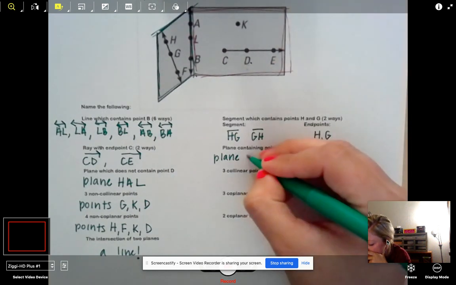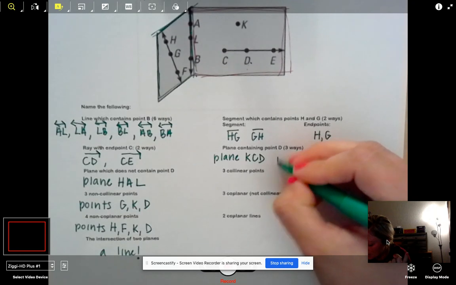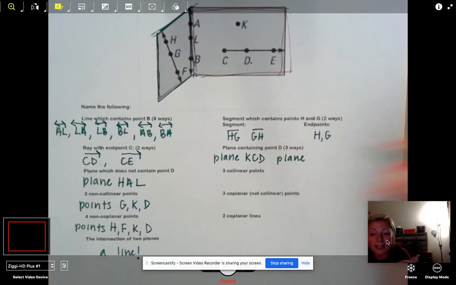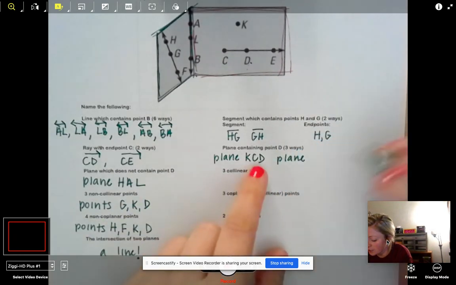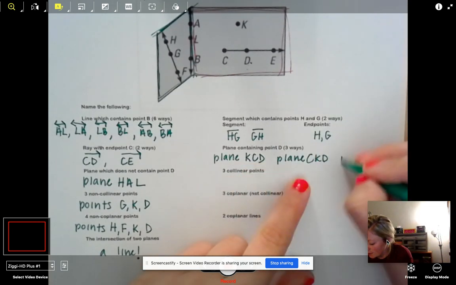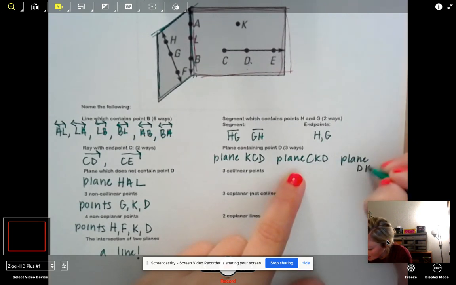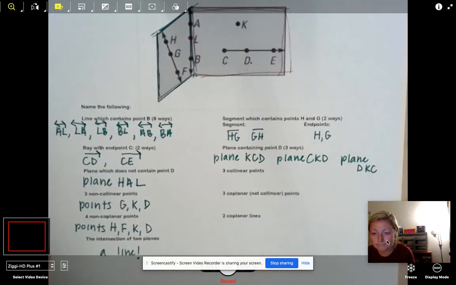So I'm going to say plane K, C, D. That's one way. And now just jumble up the letters because that's all you have to do. So now I could do plane K, C, D. And then another way could be plane D, K, C. That's it. Nothing else to it.